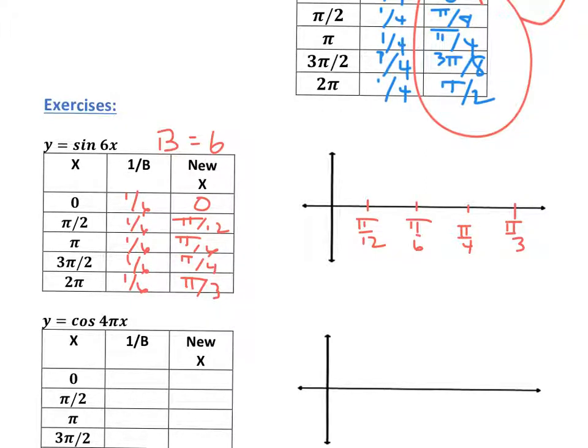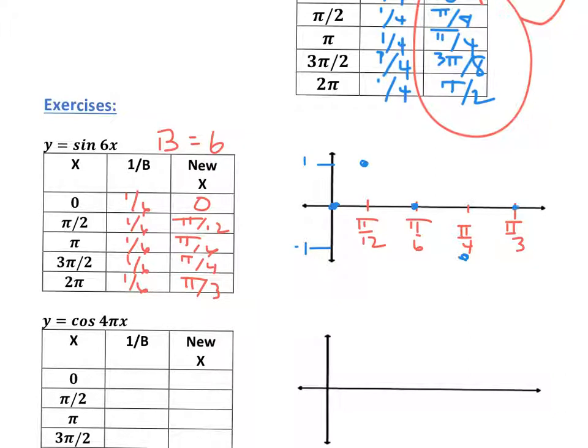What is the top of the graph going to be at? What's the bottom of the graph going to be at? 1 and -1. Where does sine begin? At the origin or at 1? Origin. So the very first point we come up to is the top of the graph. The second point we get to is back at the x-axis. The third point is the bottom of the graph.